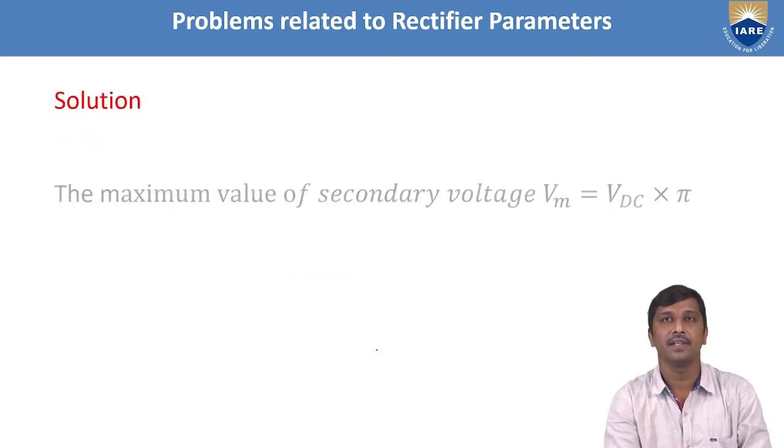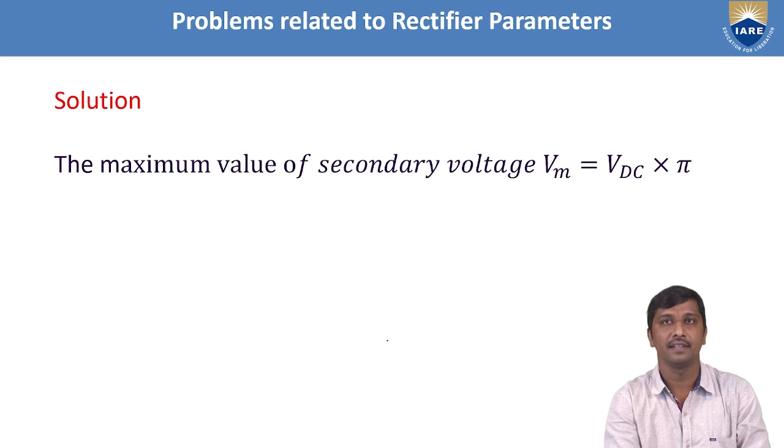Then, for the second one, we need to calculate the maximum value of the secondary voltage Vm. We know that VDC is represented as Vm by pi, one more relation from the analysis of the half-wave rectifier. We know the VDC value, and now we need to calculate the Vm value.